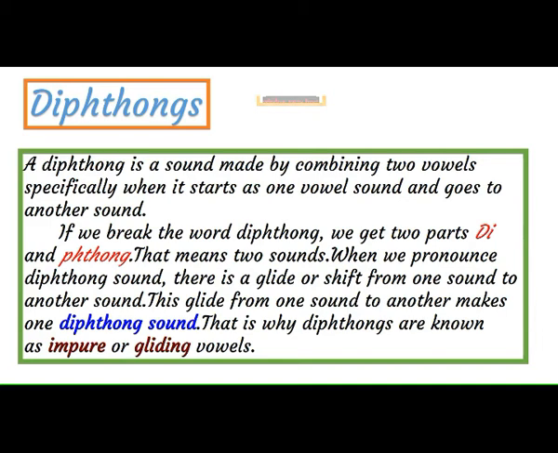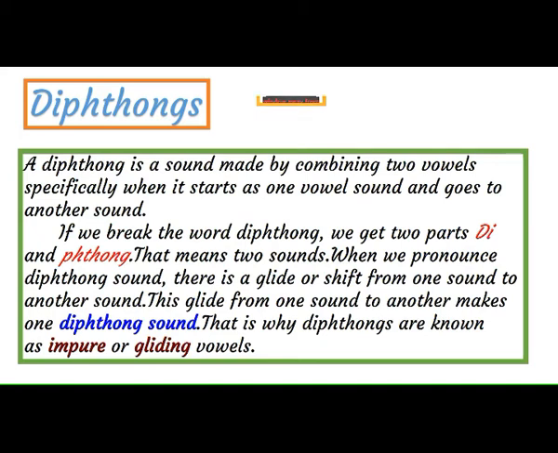If we break the word diphthong, we get two parts, "di" and "thong". That means two sounds. When we pronounce a diphthong sound, there is a glide or shift from one sound to another sound.